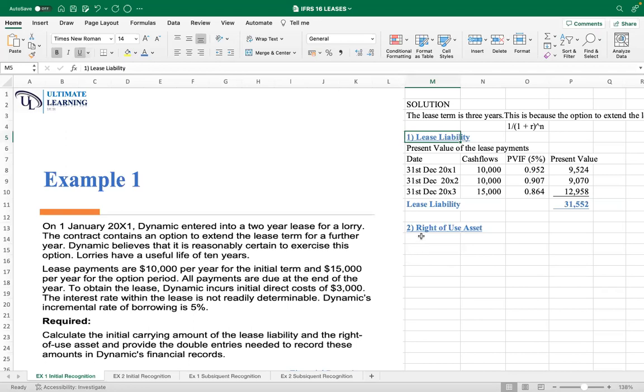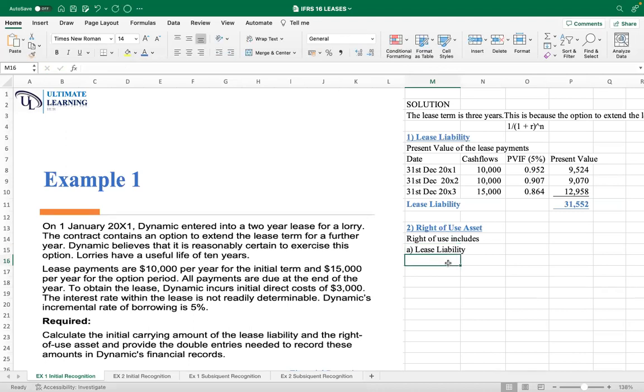Now remember we said the right of use asset includes, if you remember what we said, number 1, lease liability.